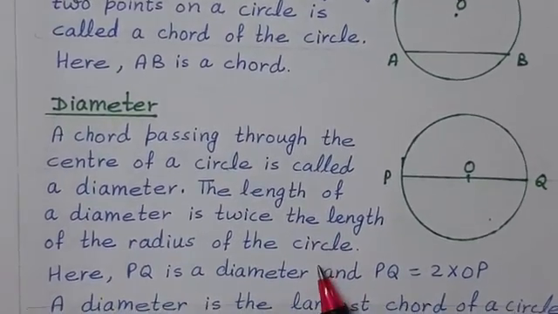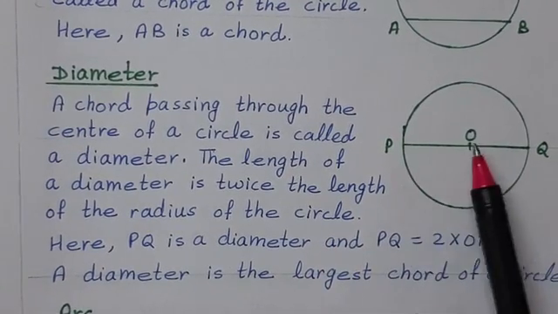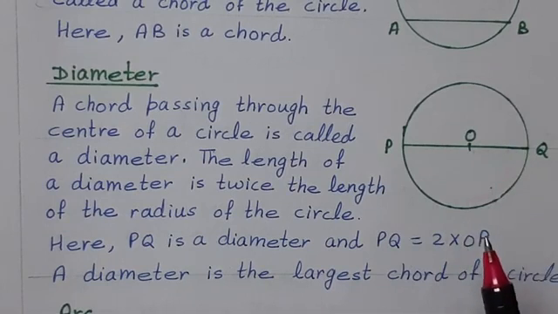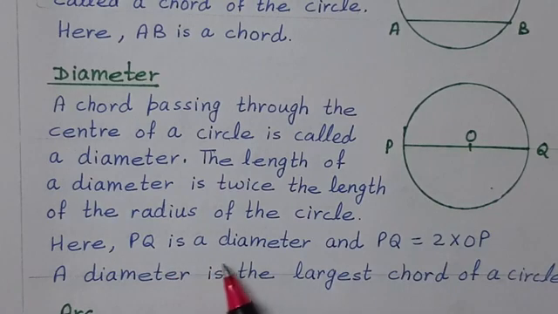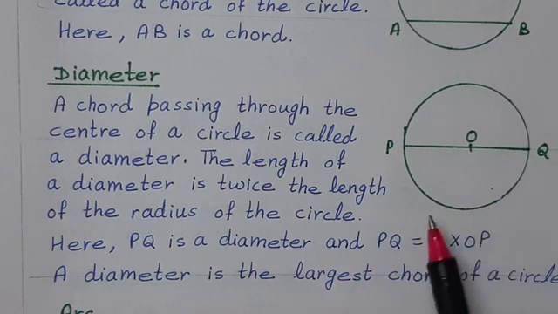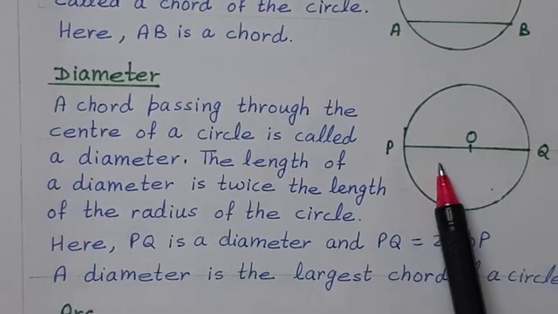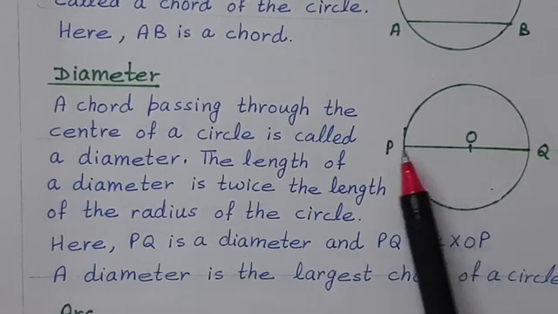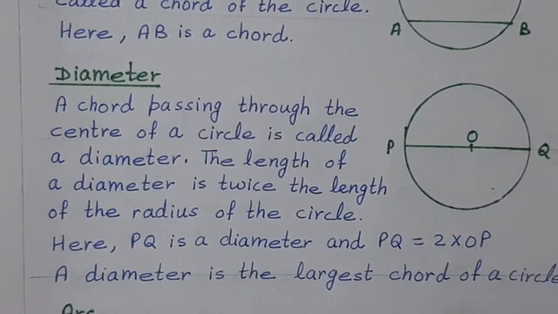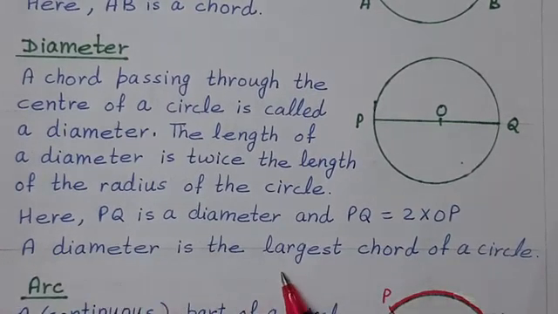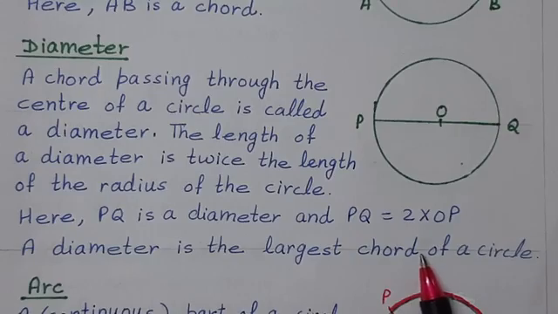Clear? Now here in the given figure, OP and OQ both are radii. So, PQ is a diameter and PQ is twice of OP, or we can say PQ is twice of OQ. So, the diameter of a circle is the largest chord. Clear?